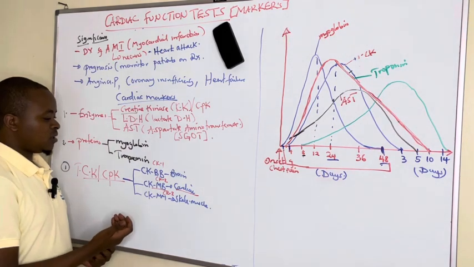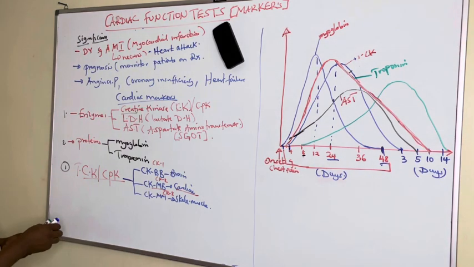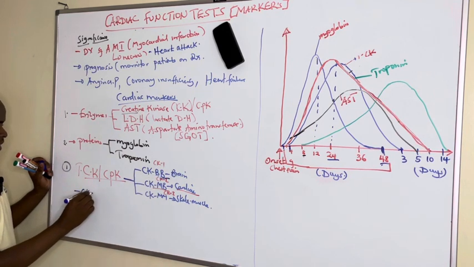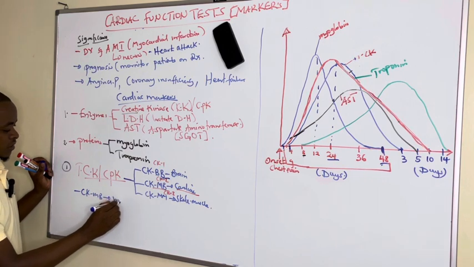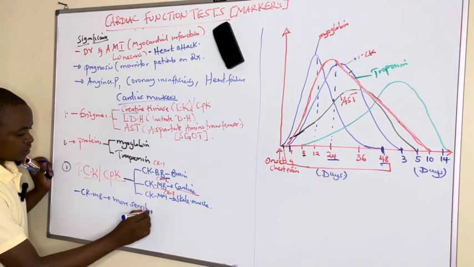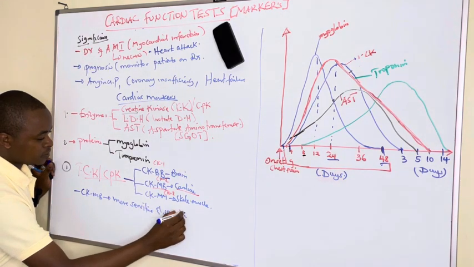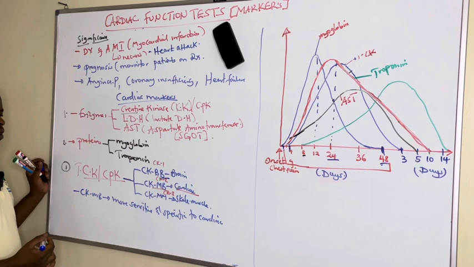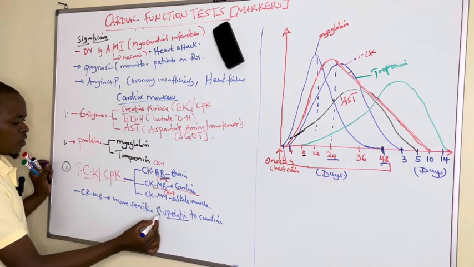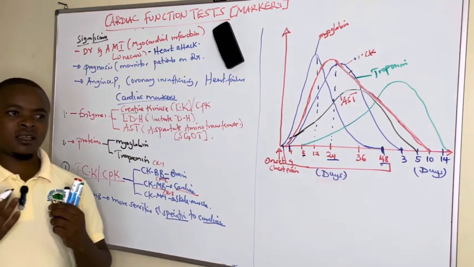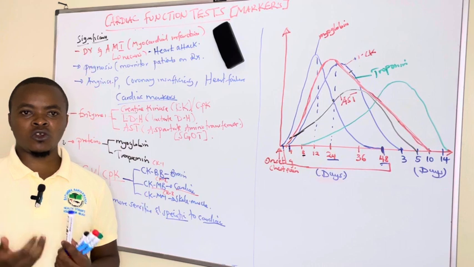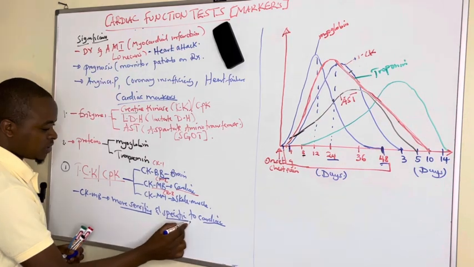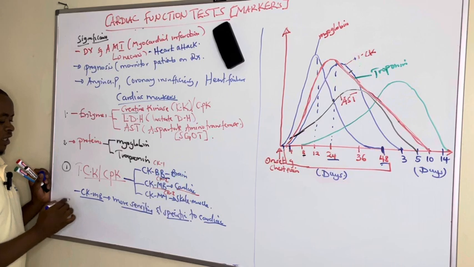After performing this enzyme, we shall see that CKMB is more sensitive and specific to cardiac. So whenever there is a problem with the cardiac, maybe you have got an abrupt chest pain, maybe due to onset of myocardial infarction, the most sensitive and more specific marker is creatine kinase MB.